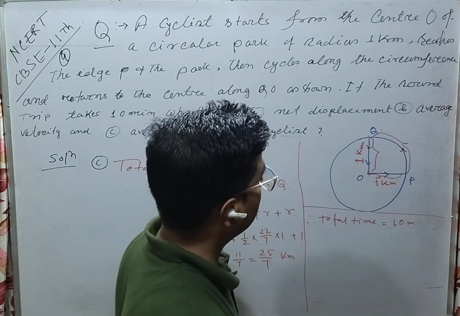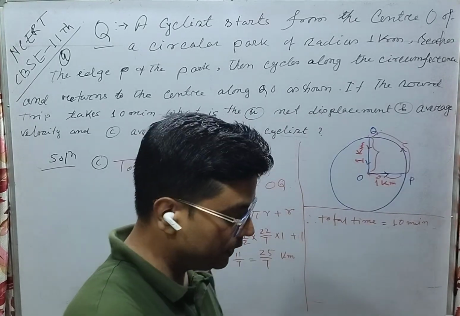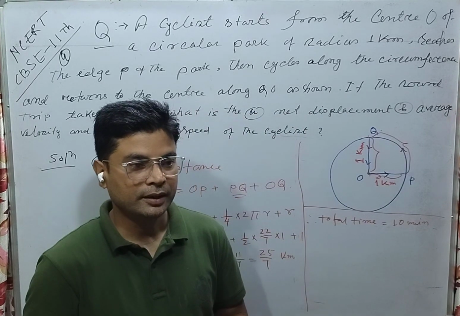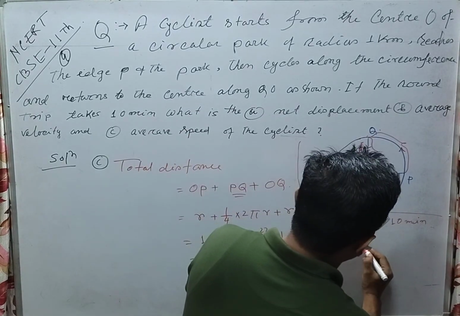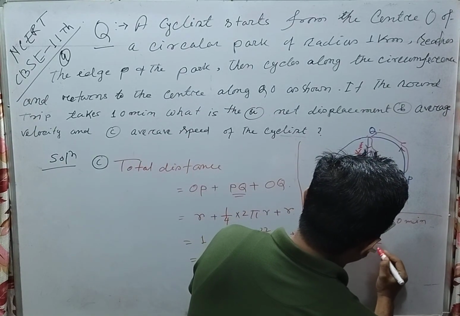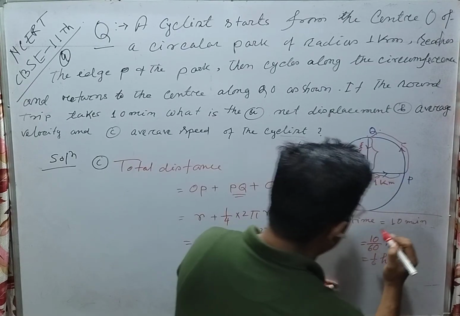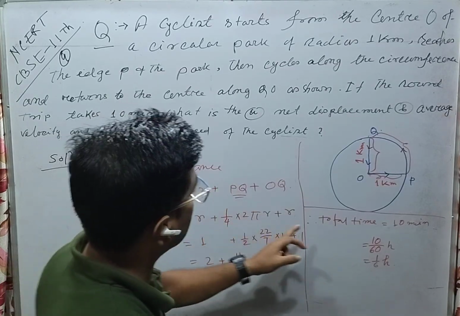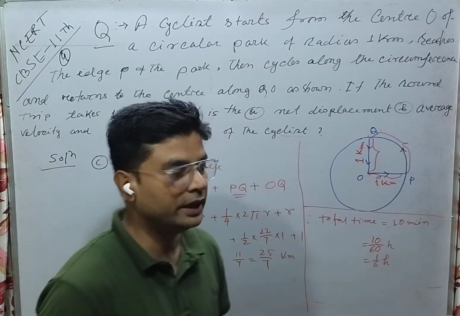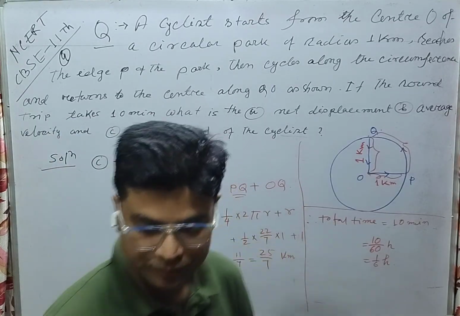Now I am going to convert 10 minutes into hours. When you convert minutes into hours, divide the minutes by 60. 10 divided by 60 is equal to 1/6 hour. Now I have already calculated the total distance and total time taken.